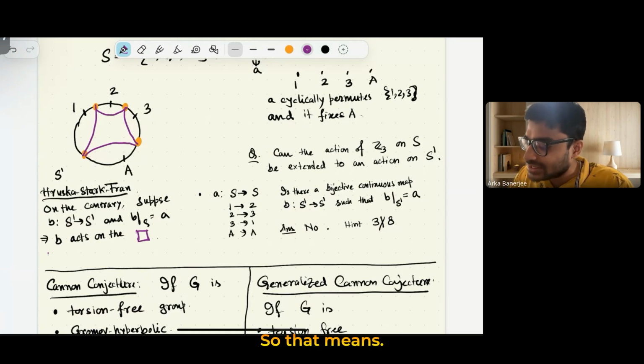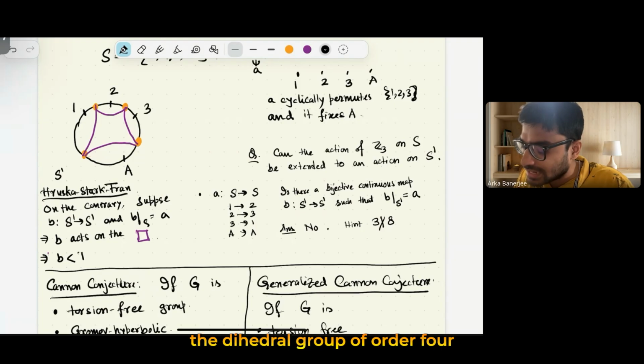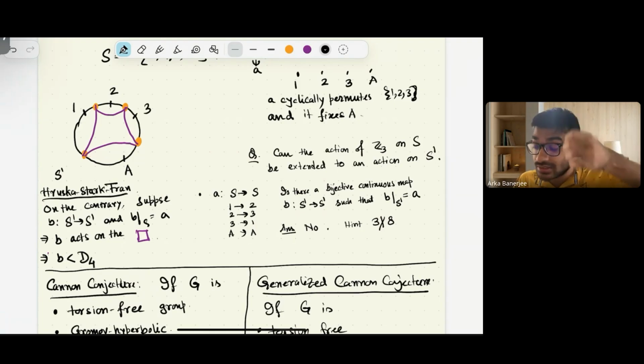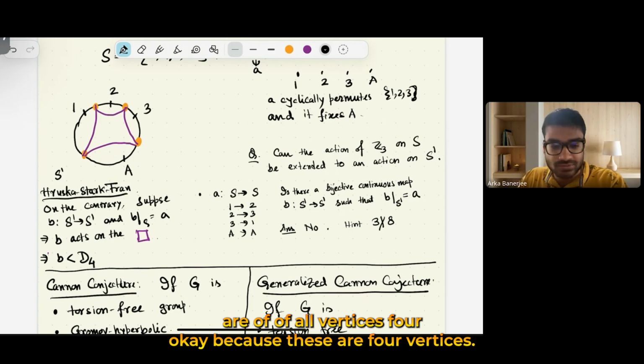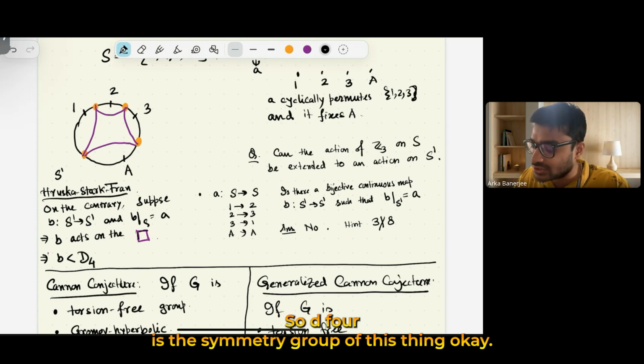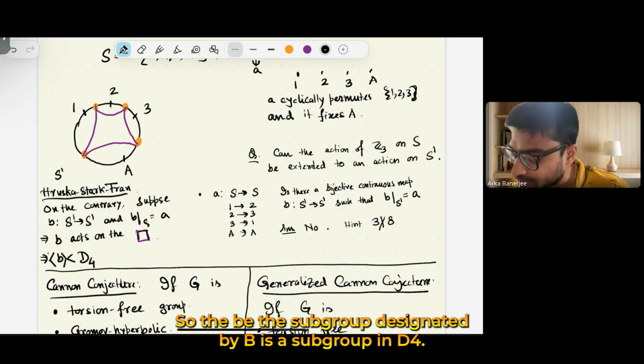That means B is in the dihedral group D4, because these are 4 vertices. D4 is the symmetry group of this thing, so the subgroup generated by B is a subgroup of D4.